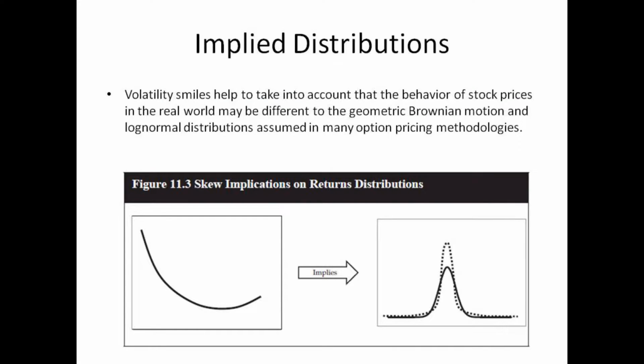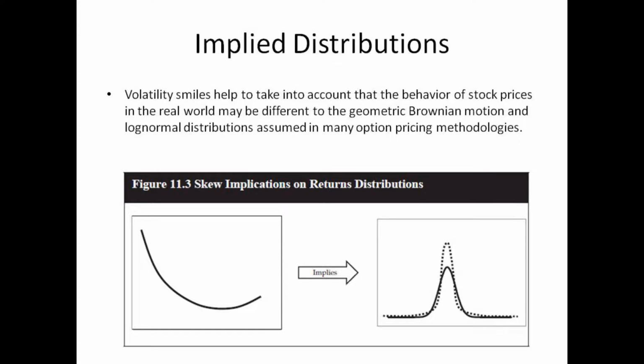Okay, so if we look at the next slide for implied distributions, volatility smiles help to take into account that the behavior of stock prices in the real world is actually different to the geometric Brownian motion and the log normal distributions assumed in many option pricing methodologies.